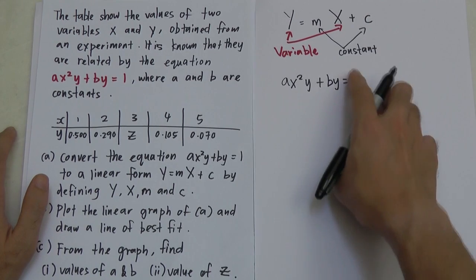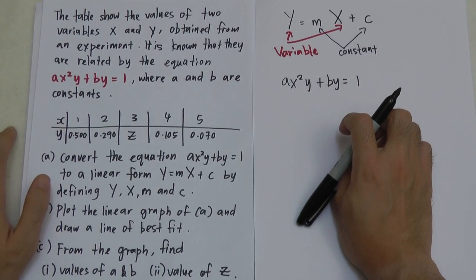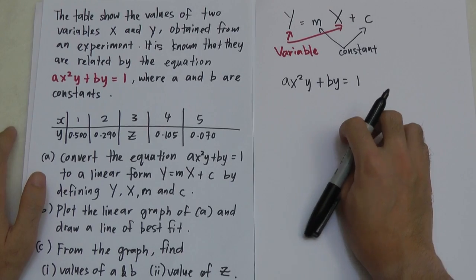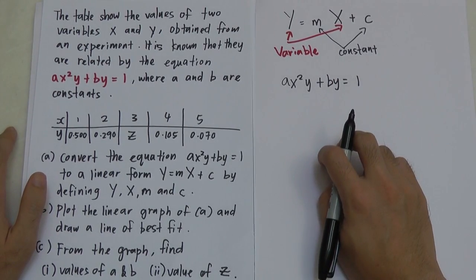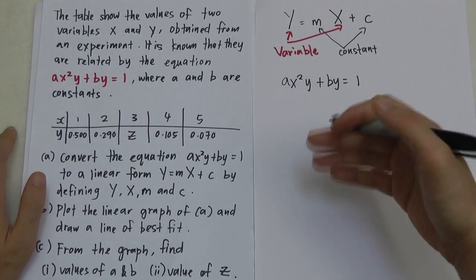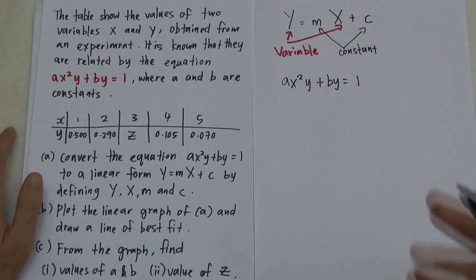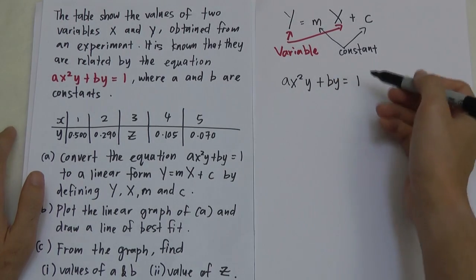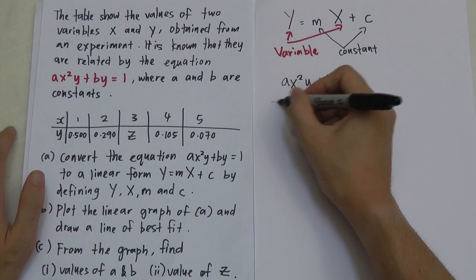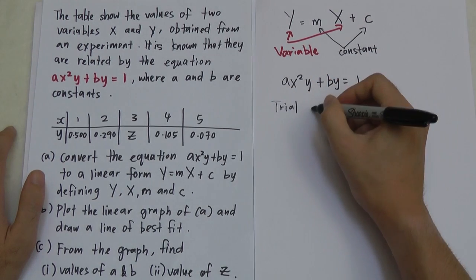You can choose anything, but then the problem is which one is correct. So over here I'm going to show you a few examples. Maybe one or two examples are wrong, but I just want you to see why it is wrong. So let's say I see an x squared here. Maybe, so this is trial and error.